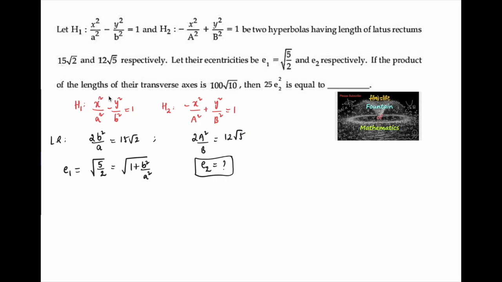And if the product of length of the transverse axis, so here transverse axis length can be taken as 2a, and here the length of the conjugate axis is equal to 2b, so that their product 2a into 2b is equal to 100 root 10.